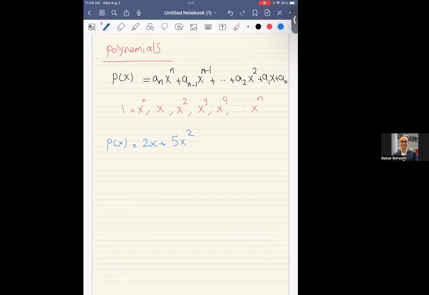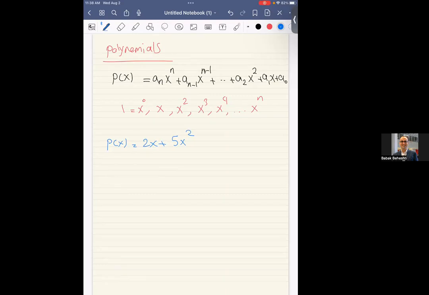Now, can each of you tell me one example of a polynomial? There are infinitely many examples. You can do whatever you want. You just combine these terms with any powers, but the powers must be non-negative. You have to be careful. You cannot have x to the power -2.